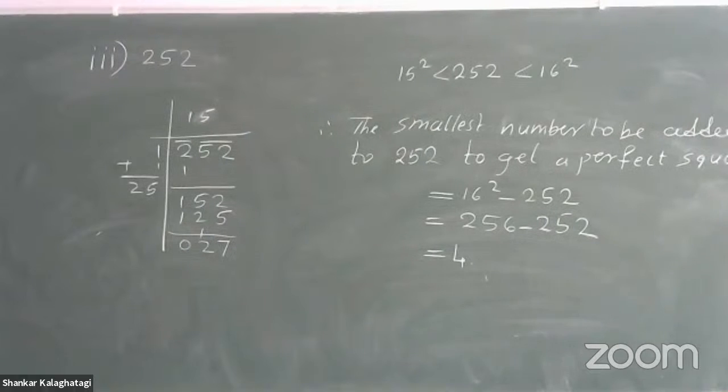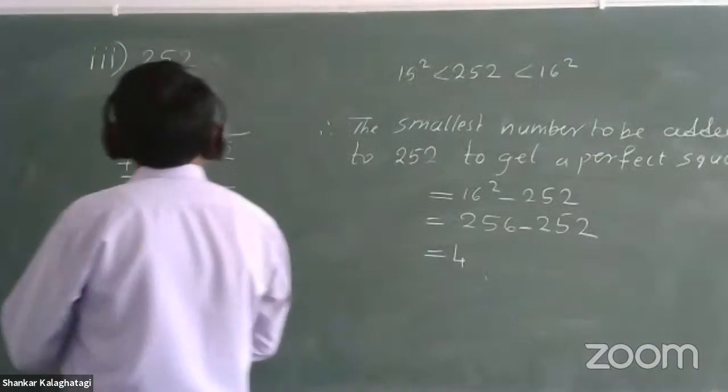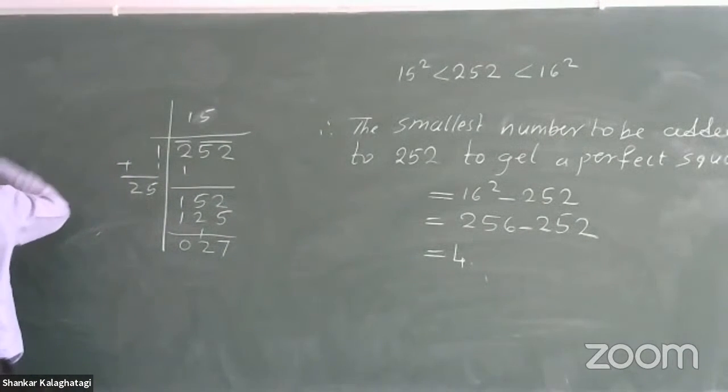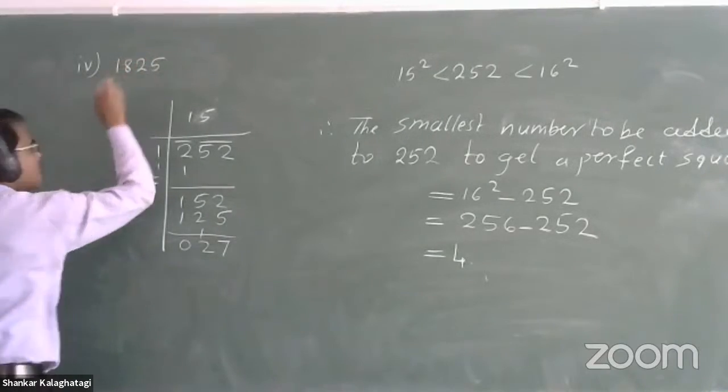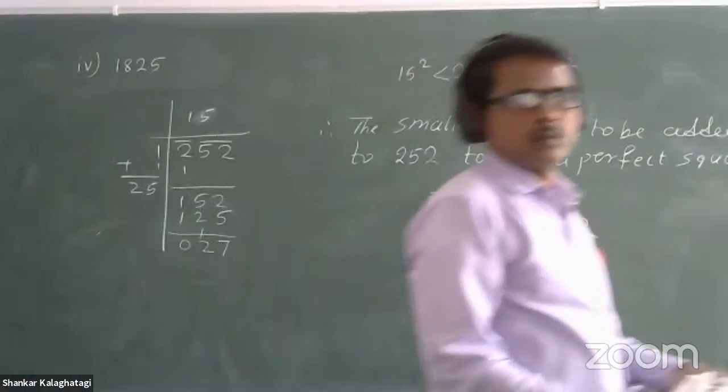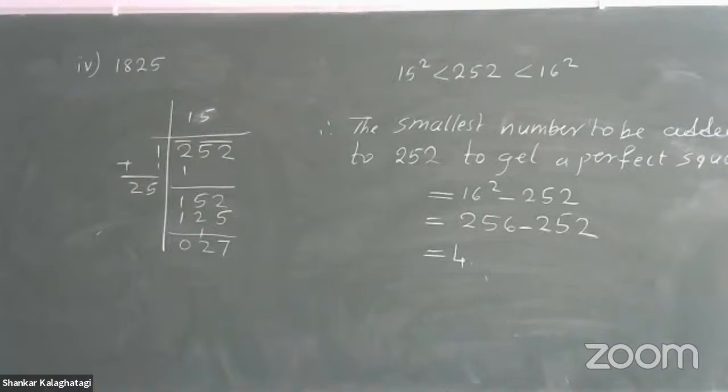Next question, fourth: 1825. All of you find this answer. Find out, be fast.